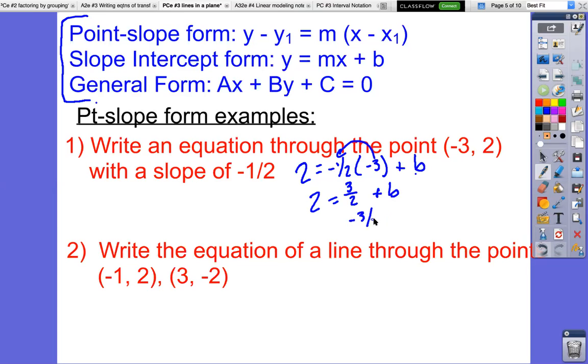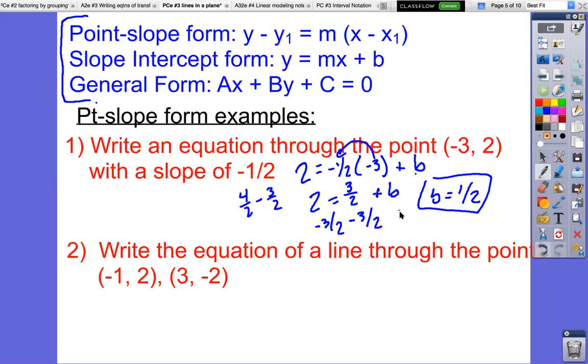Subtract 3/2 from both sides, and we've got a problem here. So 2 minus 3/2. Remember, when you add or subtract fractions, you have to have a common denominator. By the way, your calculator will do this just fine. But 2/1 as a fraction with a common denominator is really 4/2 minus 3/2. So my b value is 1/2.